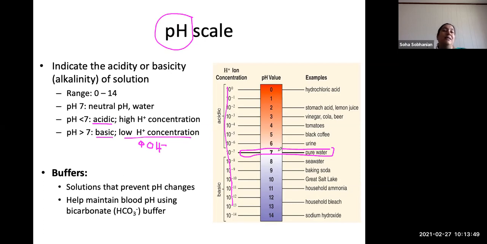What is the weakest acid that I have? Urine, correct, because it's closest to the 7, which means it's an acid, but it's closest to the 7. And then what is the strongest acid that I have on this chart?